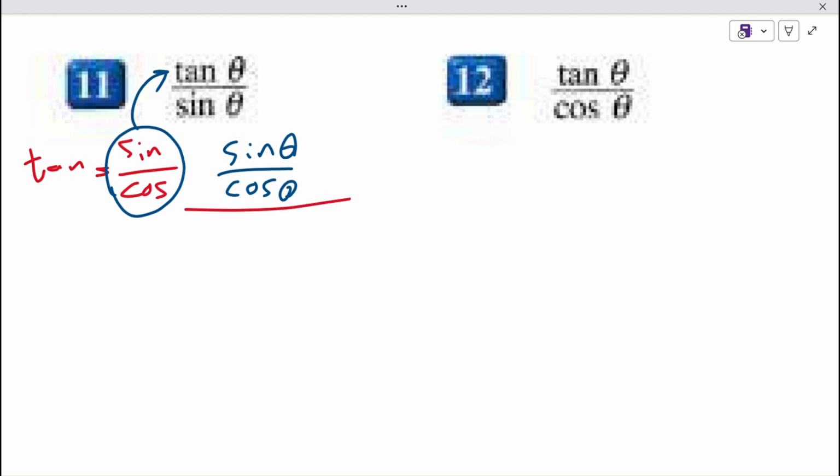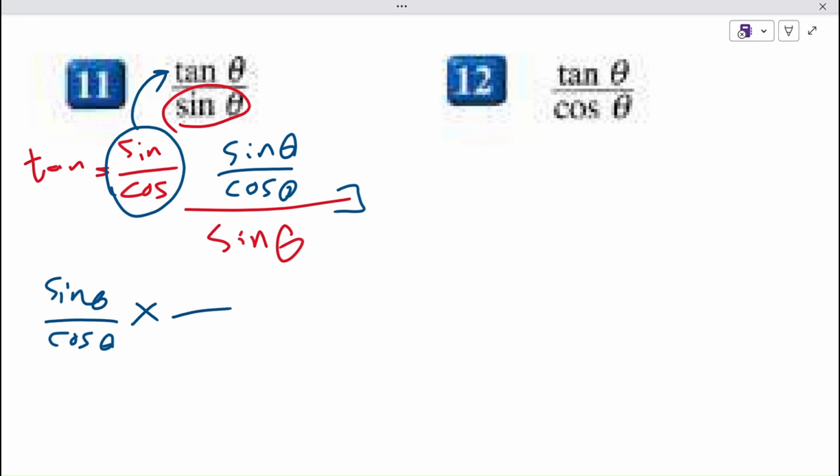Now, here we have this division. This is a fraction, but you can write it like sine theta over cosine theta multiplied by 1 over sine theta. Then cancel this sine.